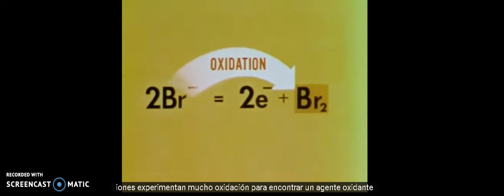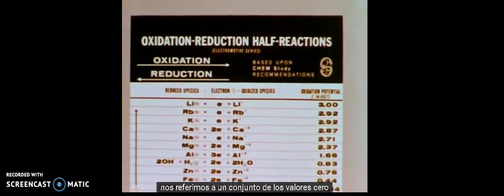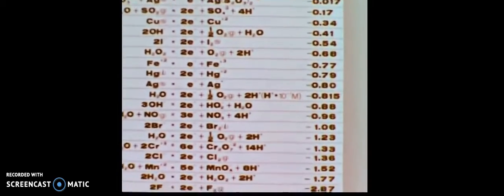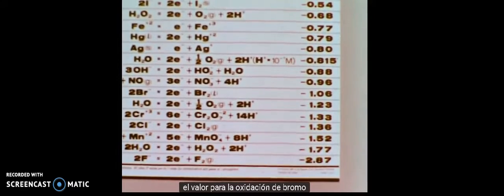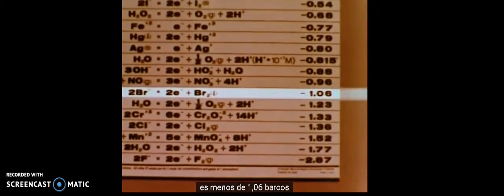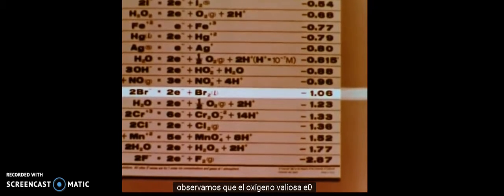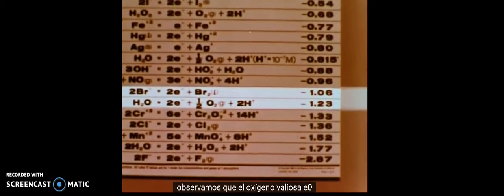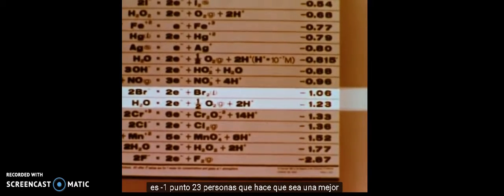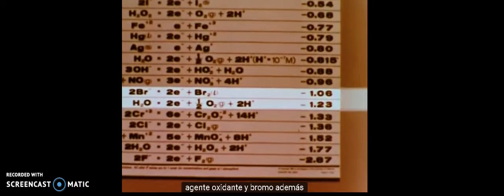To find an oxidizing agent, we refer to a set of E0 values. The value for the oxidation of bromine is minus 1.06 volts. We note that the E0 value of oxygen is minus 1.23 volts, which makes it a better oxidizing agent than bromine.